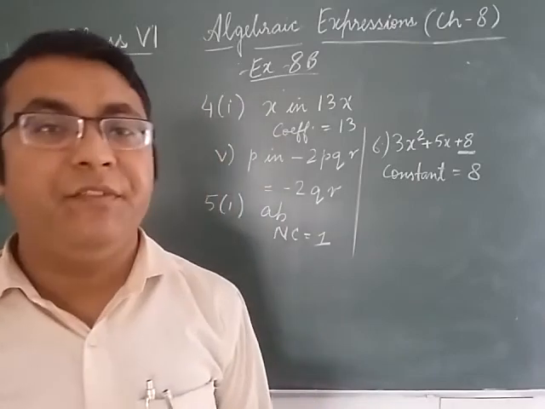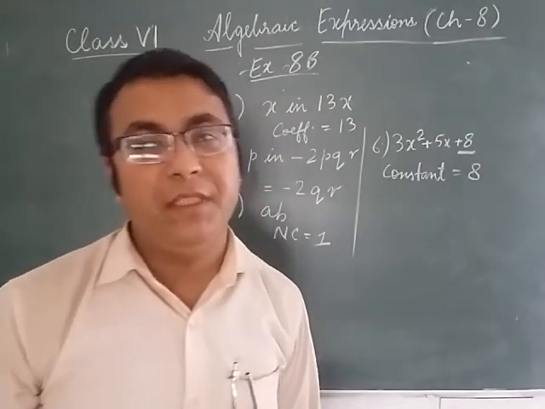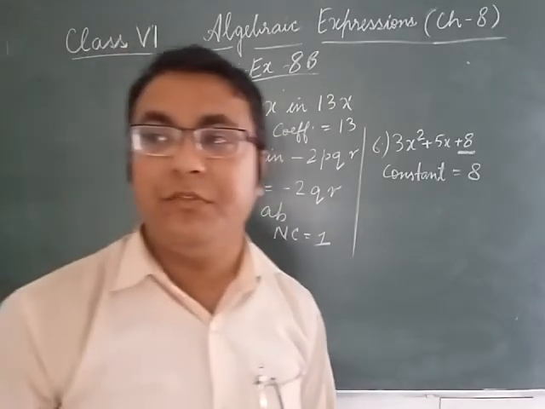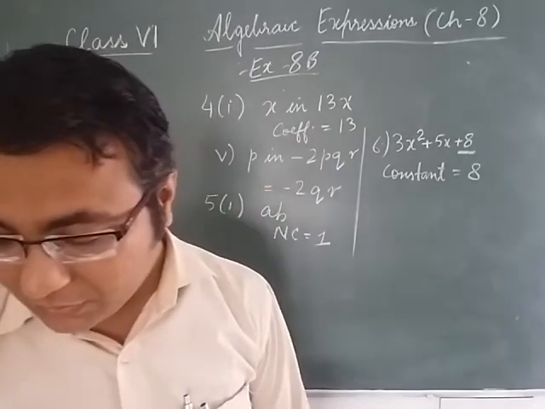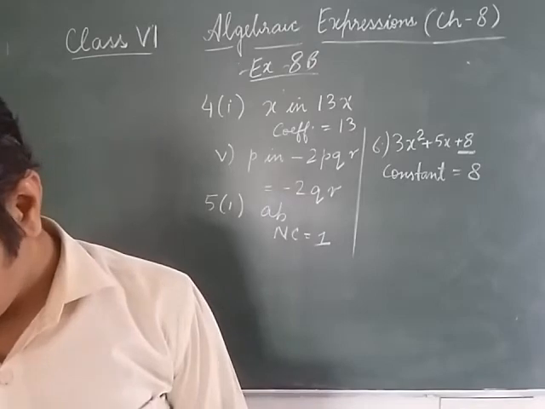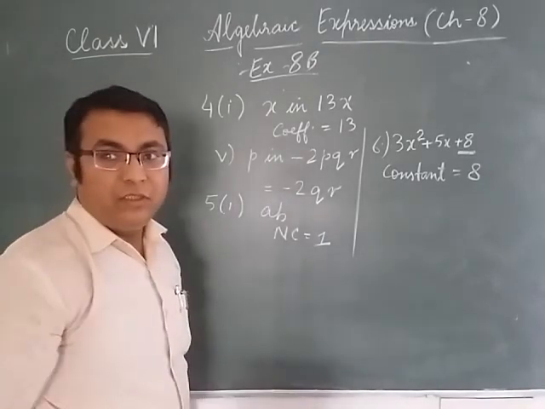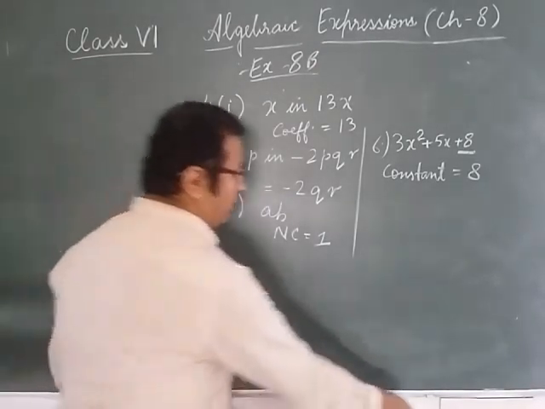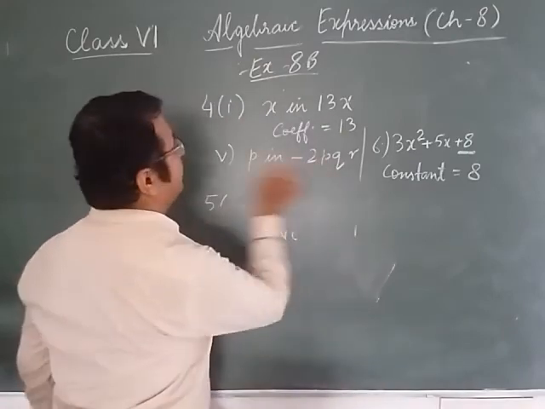Now in question number 7 we have to identify monomial, binomial and trinomial depending on the number of terms. This you can do. Now question number 8. We have to write all the terms.